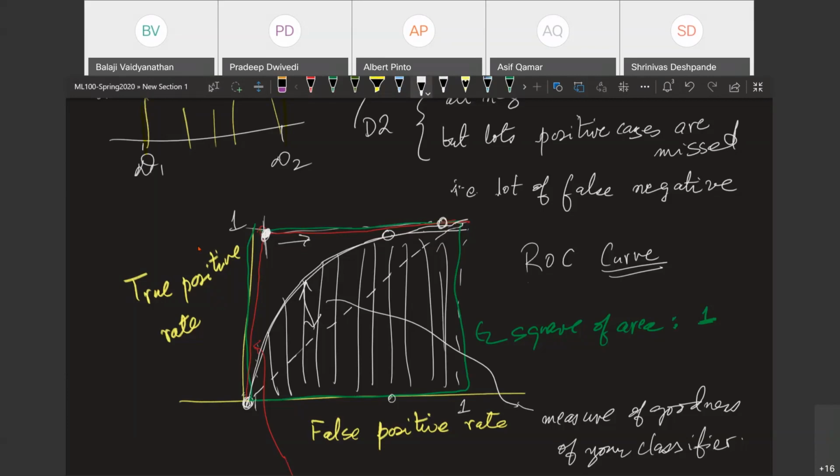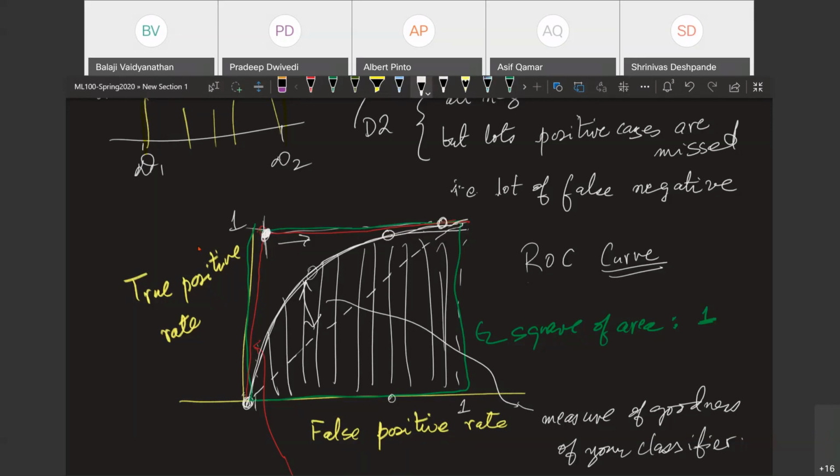In the red line, once you have saturated, you don't want to put your threshold in such a way that your false positive rate increases. You want to just stop there, right? But in a situation like this, look at the white line now. In the white line, you don't have a choice. Suppose somebody says I want this. It's very hard to pick a particular point and say this is good.